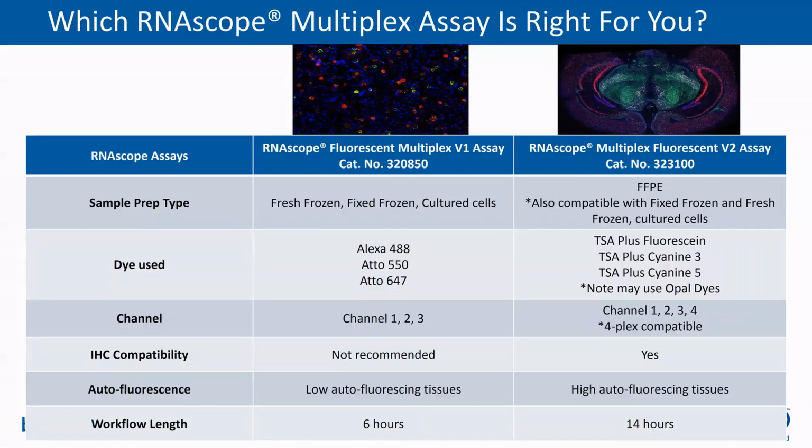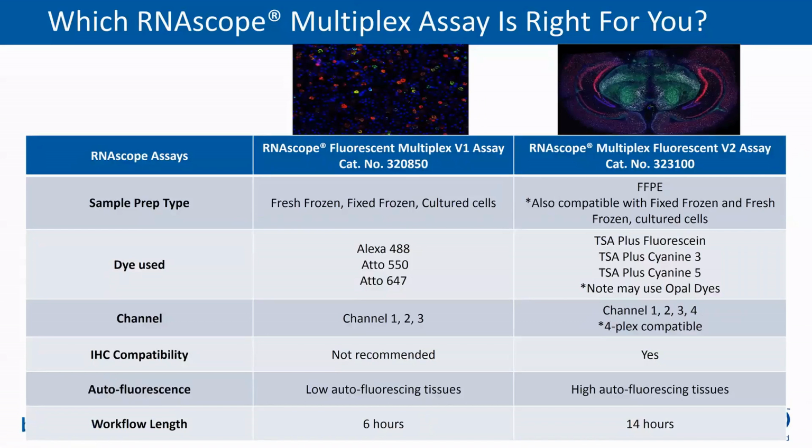As opposed to the V1 assay, the V2 assay is also compatible with FFPE samples, apart from being compatible with fixed frozen, fresh frozen, and cultured cells. The V2 assay can detect up to 4 RNA targets simultaneously. Please note, as I mentioned earlier, Opal dyes are required for the 4-plex capability.